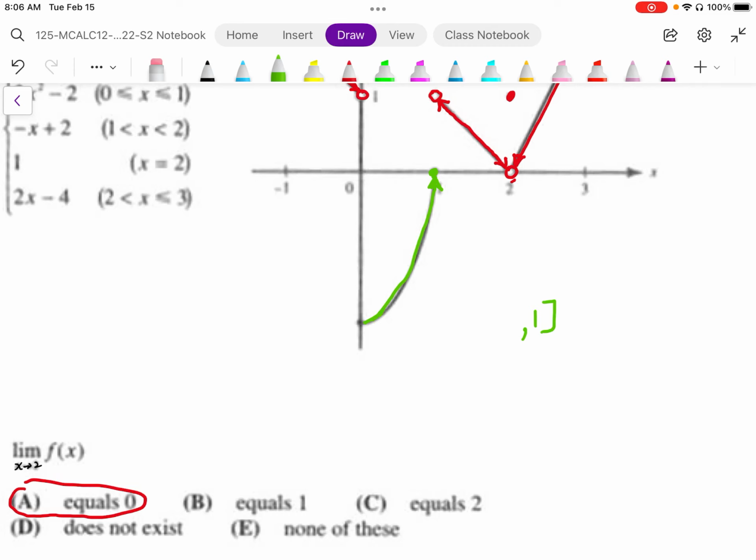And if we look at the same for this endpoint here at 0, as we approach the limit from the right-hand side to 0, it is defined, and that point is defined, and so it is also continuous at the value of 0. So not only is it continuous from 0 to 1, it is also continuous at the endpoints.